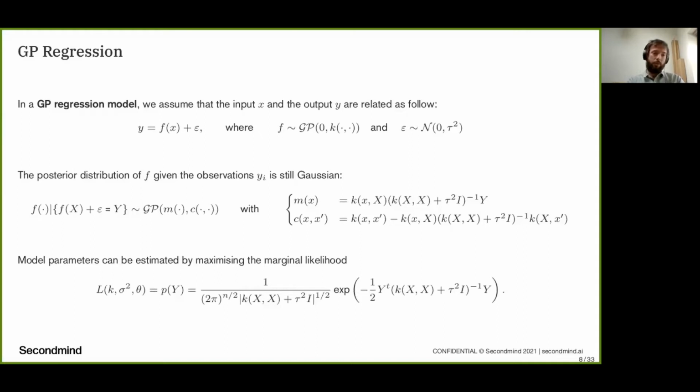The posterior of the GP given the observations is still Gaussian. It has a mean and a covariance function that depend on basically matrix products and a matrix inverse. And we can learn the model parameters, so the kernel parameters and the noise variance, by maximizing the marginal likelihood.